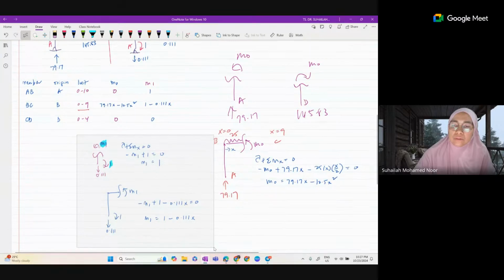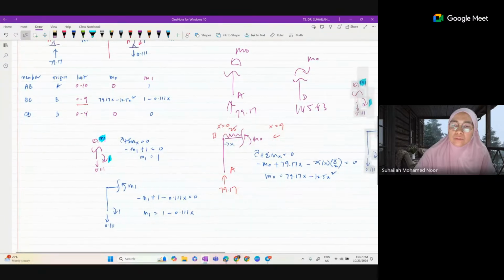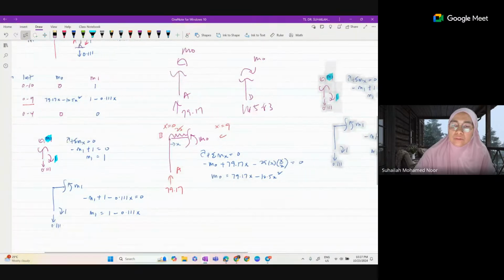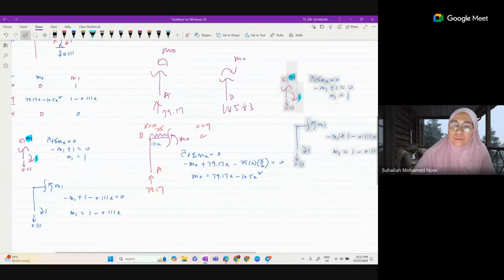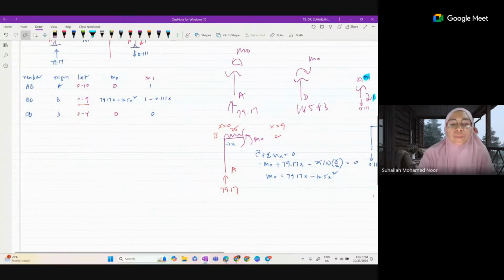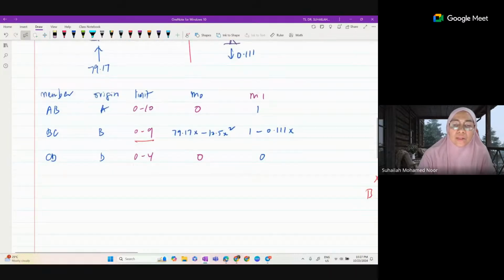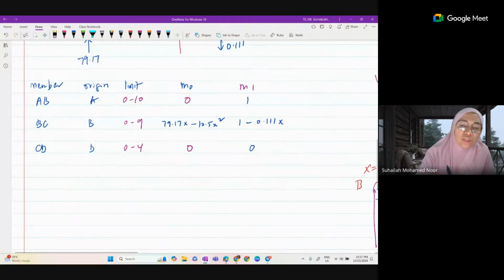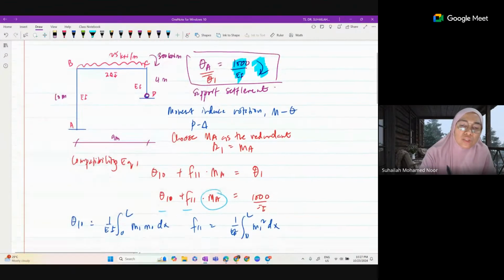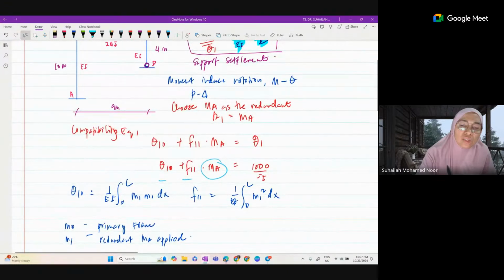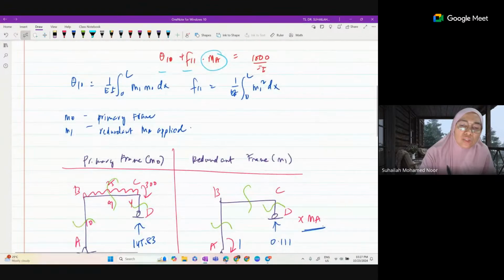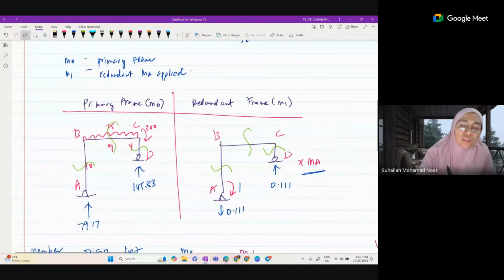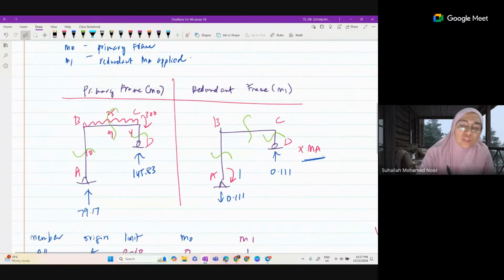Okay, I put this one next to it. If you want to refer, please refer. So this is the table. Most important when we analyze by the flexibility method, for the answer scheme, what you need to show me is the system, the primary structure and redundant structure.